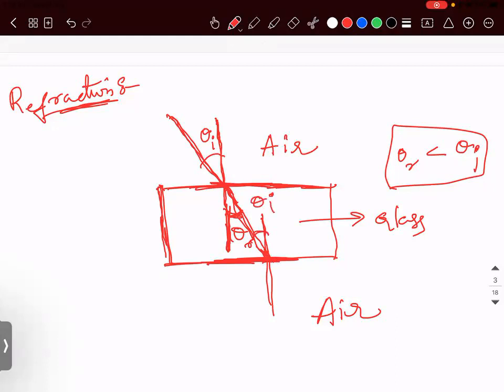Now it is going from denser to rarer, so it should bend away from the normal. So this theta R will be greater than theta I. So this is about refraction.